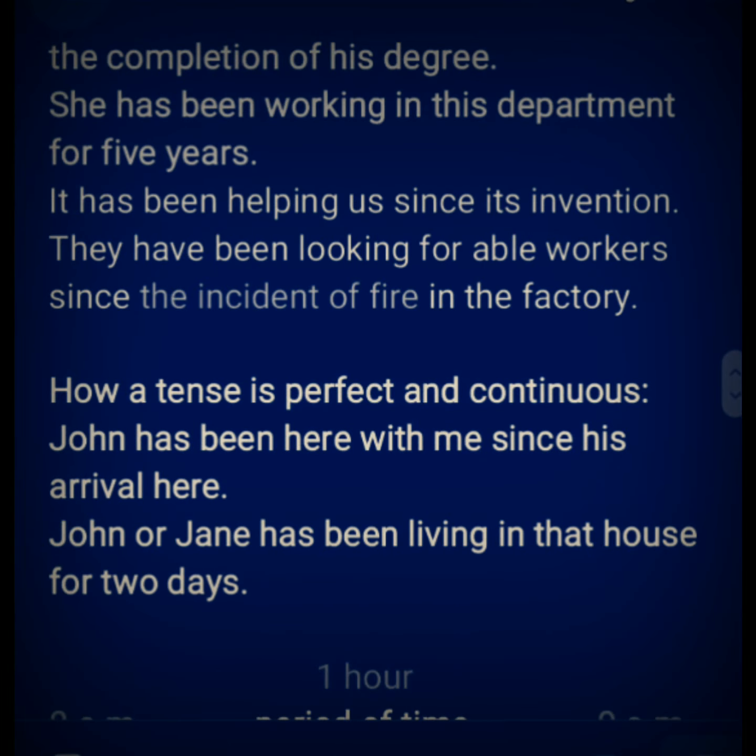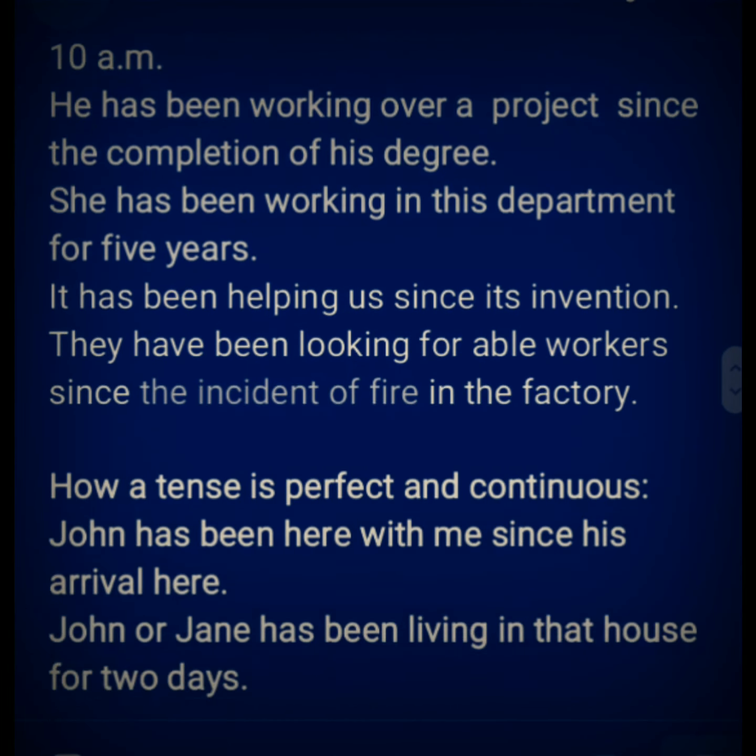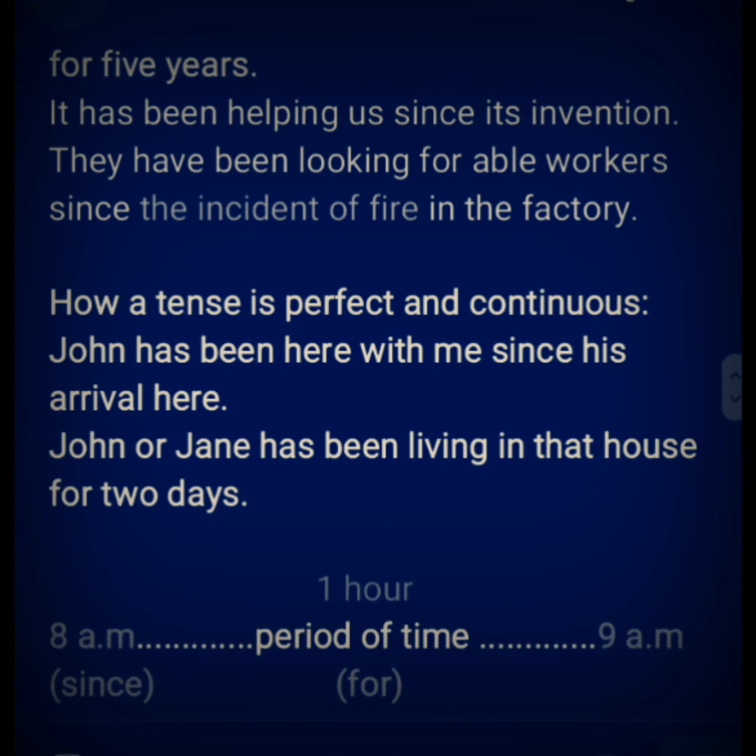Okay, so now you have understood how a tense is perfect and continuous as well. John has been here with me since his arrival here. His arrival is the point of time.